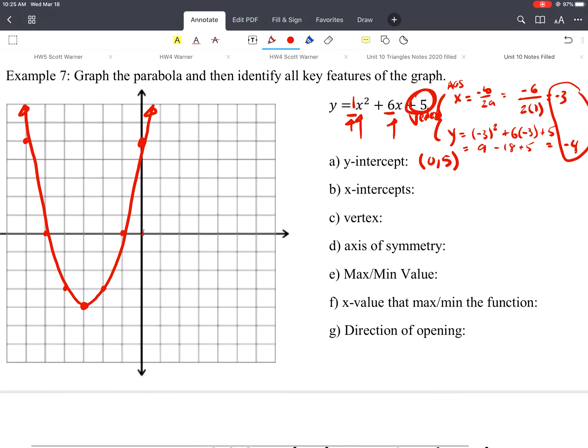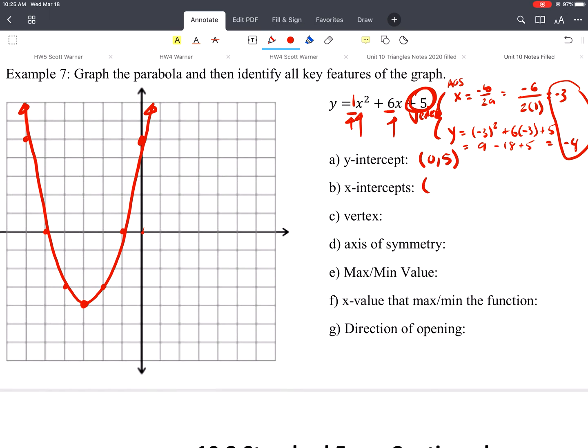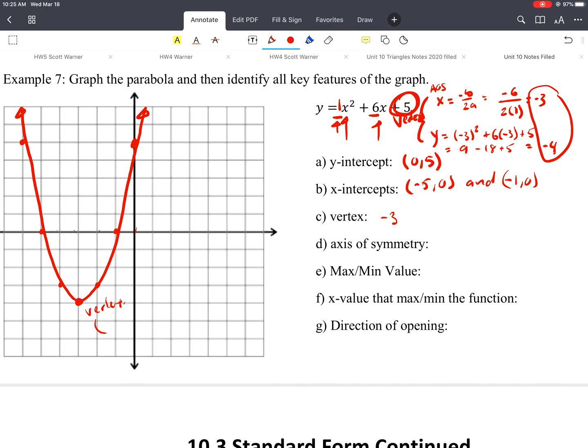Alright, good to know. X-intercepts, looks like we have one at -5, 0 and -1, 0. The vertex here, this is the vertex, is, we already wrote that down, -3, -4.